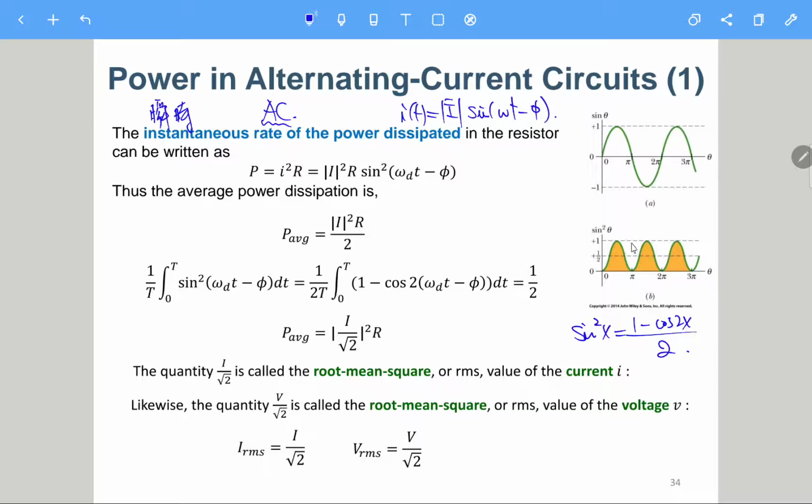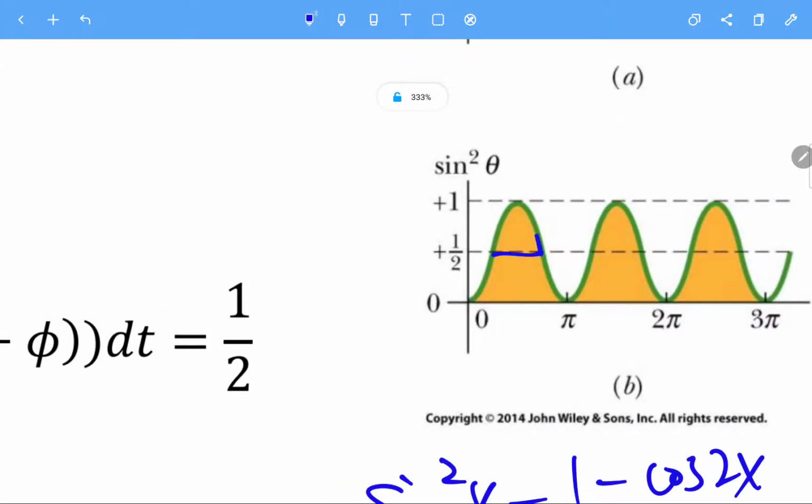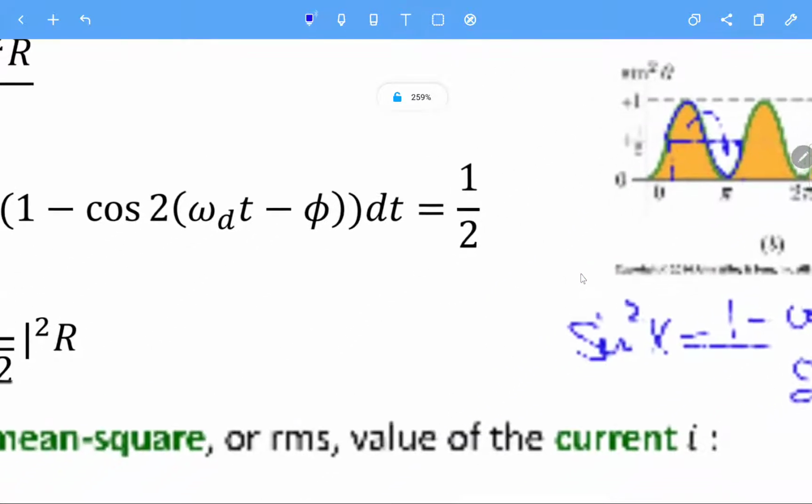From the figure we can simply imagine it, because you can just move this part into here, so it becomes just a constant, a rectangle. So you can simply imagine it is just half of it.